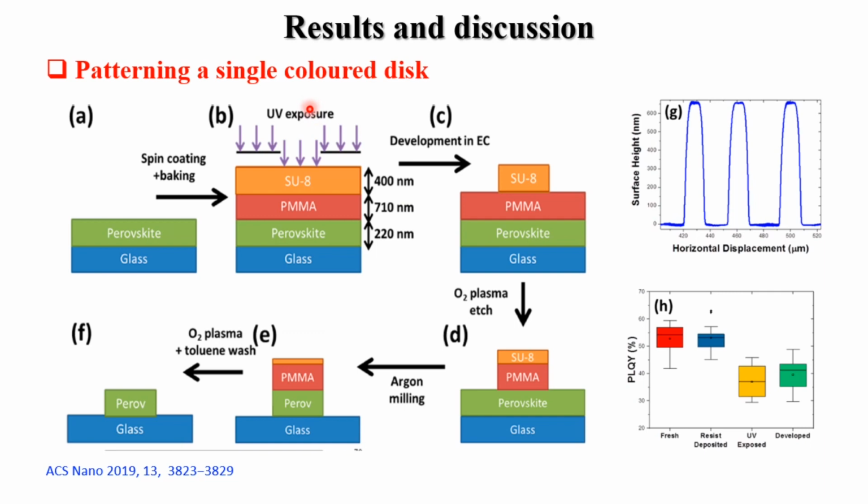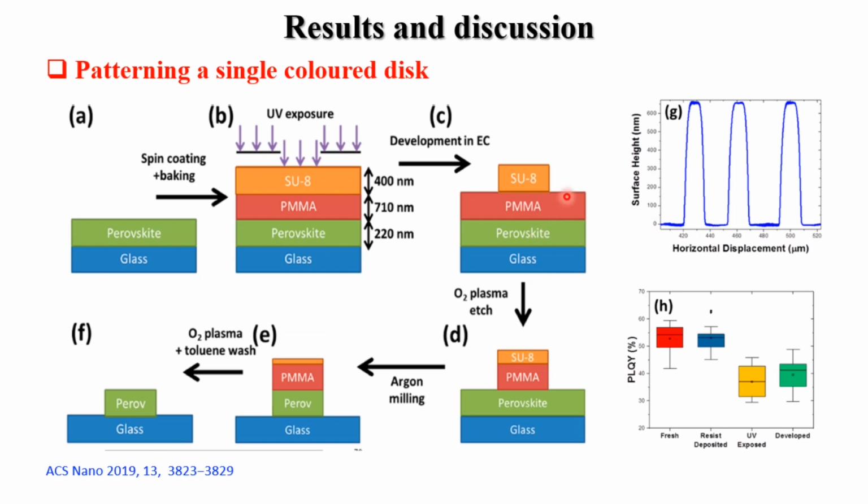Then they expose it. This is a negative photoresist, so the exposed part will not be removed. After exposing they develop in the chemical for SU8, so the unexposed SU8 is removed.